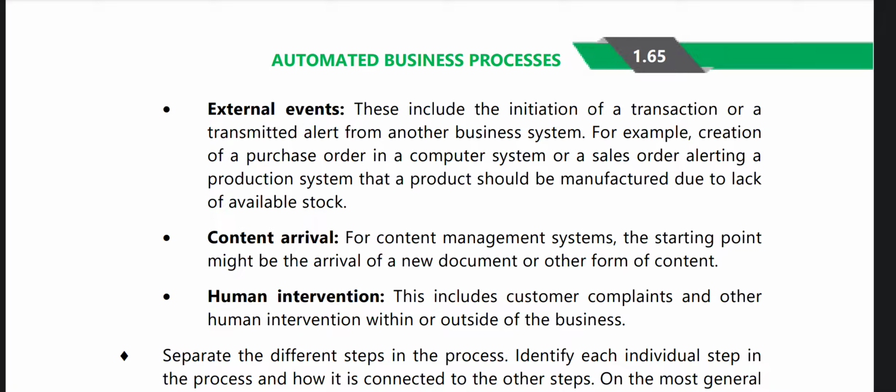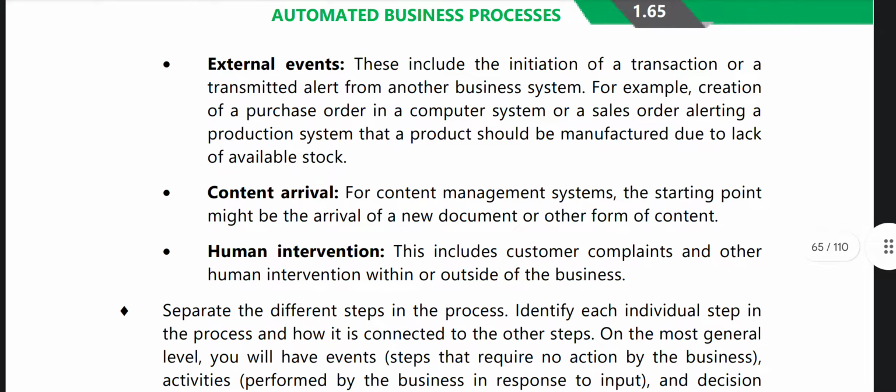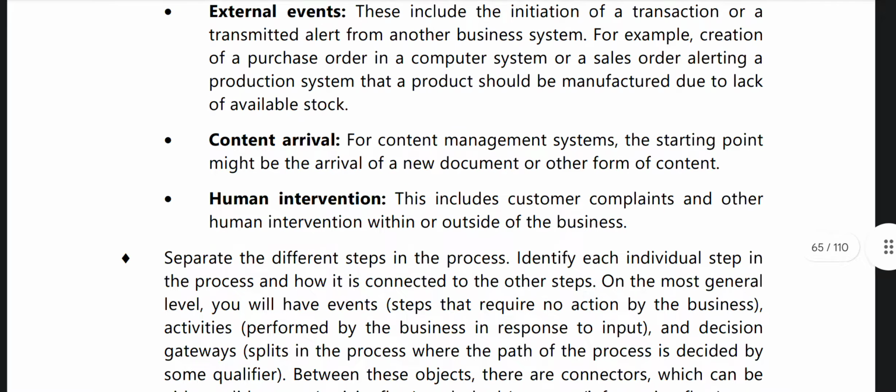External event, in the sense, includes the initiation of a transaction, not intimation. This is the starting point of a transaction or of a transmitted alert from another business system. For example, creation of a purchase order in a computer system, or a sales order alert in a production system that a product should be manufactured due to lack of availability.